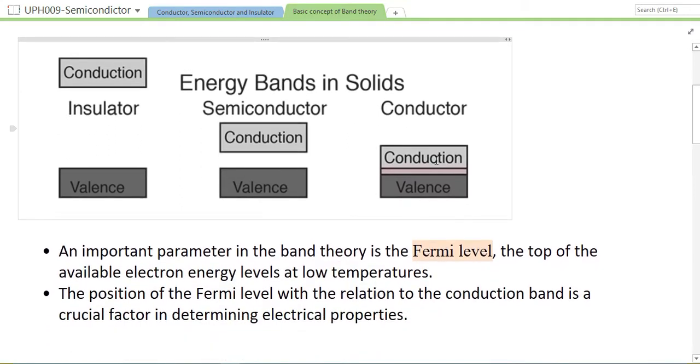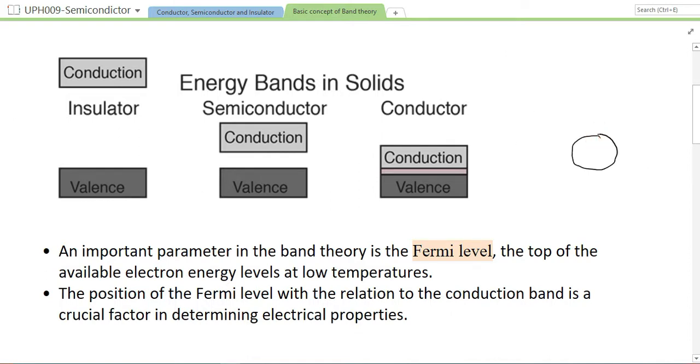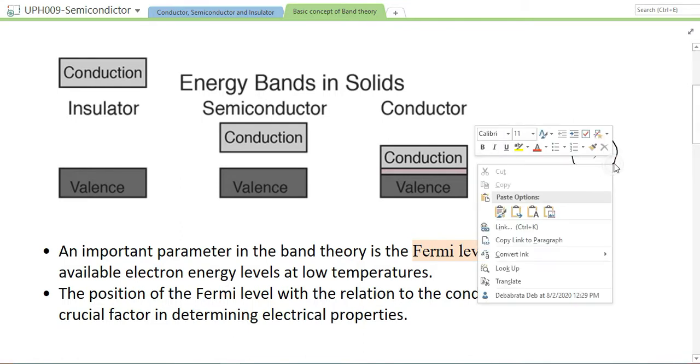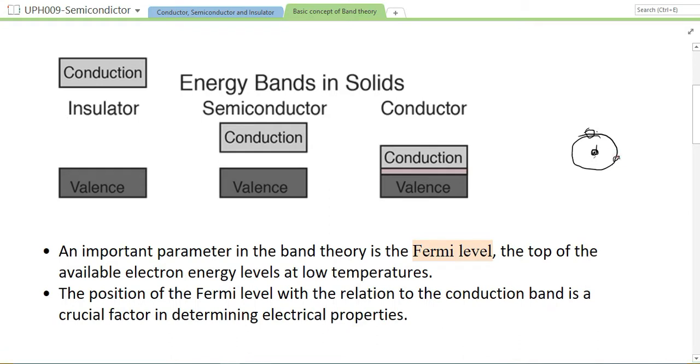So first, as shown here, if you have an isolated atom, it has its nucleus and there are electrons. This is a very rough drawing, not a quantum mechanical drawing. Electrons are moving around this nucleus, and quantum mechanics says these electrons would have discrete energy levels.